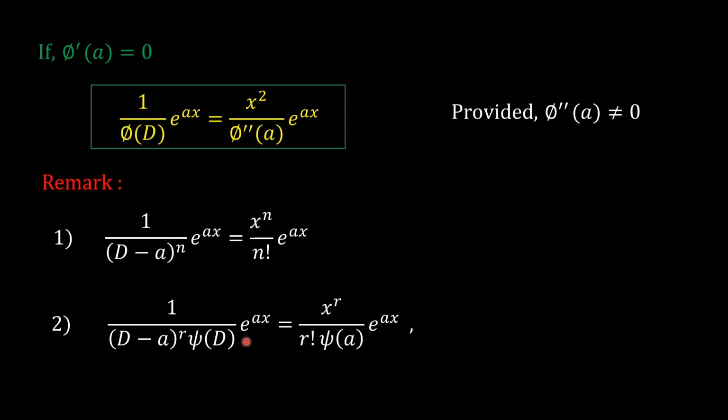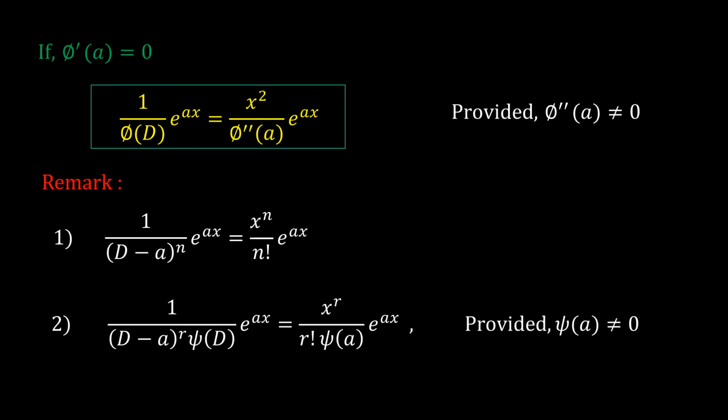Then and only then we can use this remark. So it is x raised to r divided by r factorial into psi of a into e raised to ax. Again, as psi of a is in the denominator, provided that psi of a should not be 0.